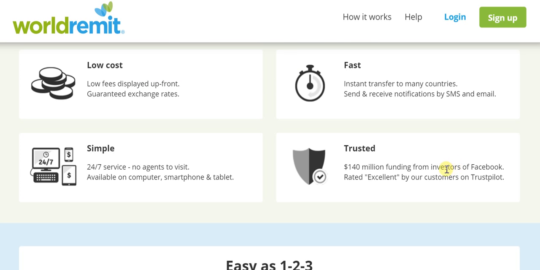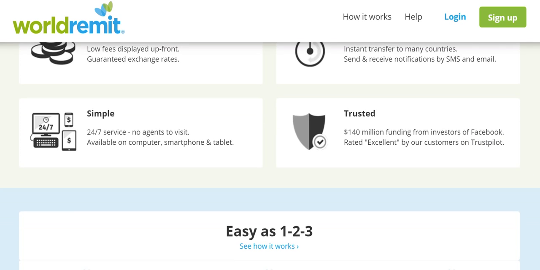In fact, the same folks who invested in Facebook have invested as much as 140 million US dollars in WorldRemit. Naturally, they've done their due diligence. They know that this is a platform which is worthy of such a large investment. The trust factor is accentuated by the fact that WorldRemit's own customers have rated it excellent on Trustpilot. So, therefore, you don't need to have any doubts as such over its trustworthiness.